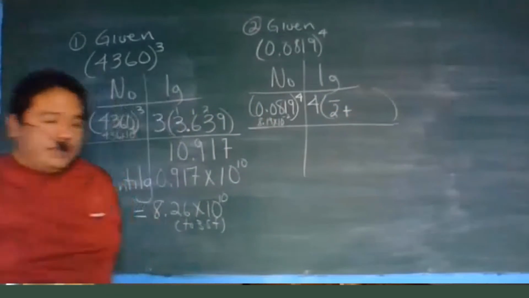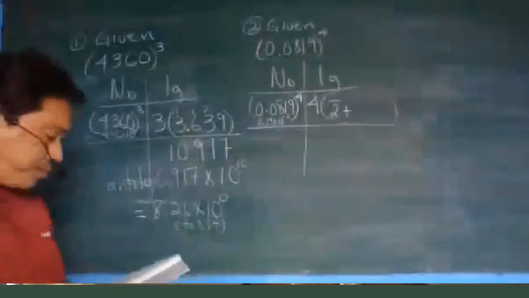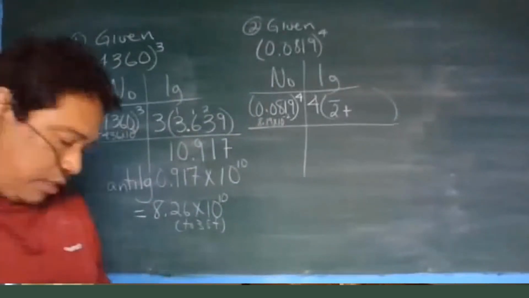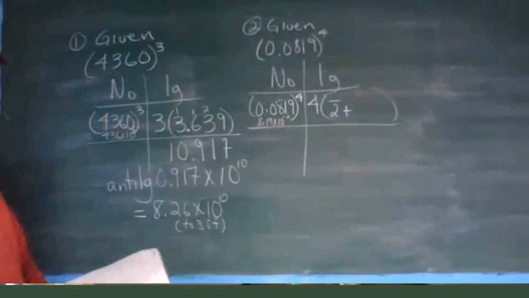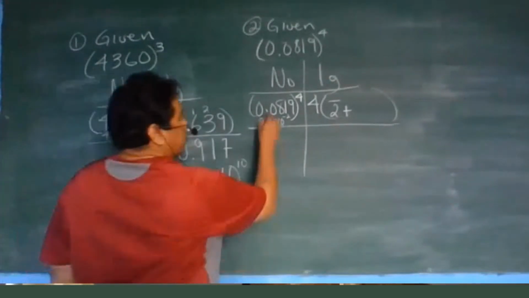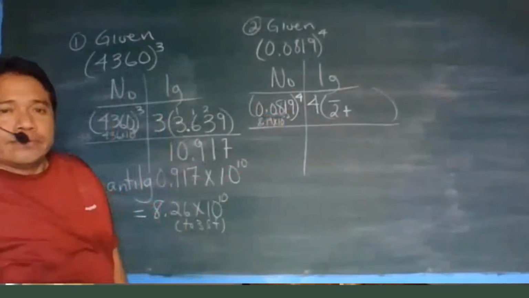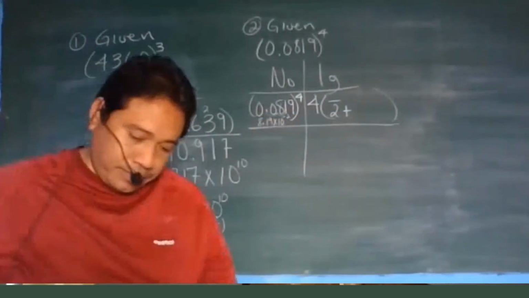Alright, so we go to our 3-figure table and we look for 8.1. Sir, why 2, sir? What do you mean why 2? Because it moves 2 places to the back. Good.